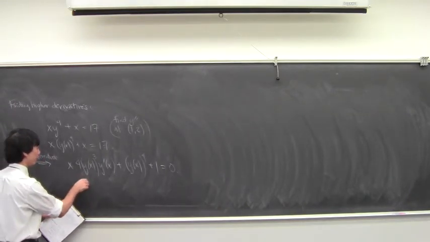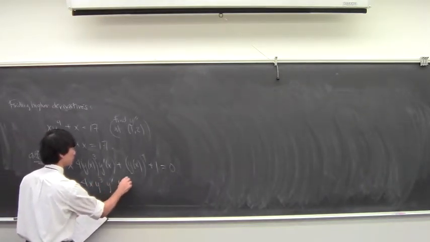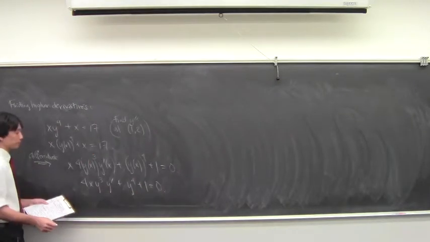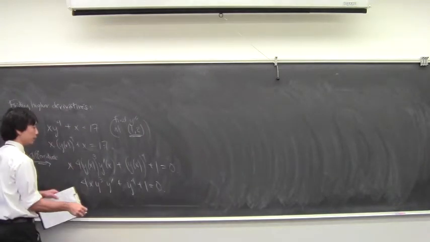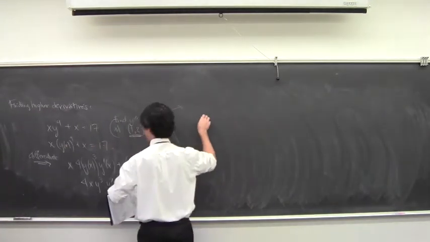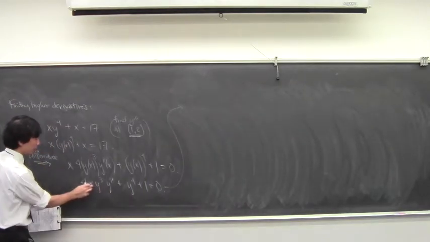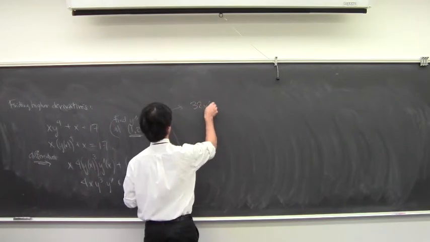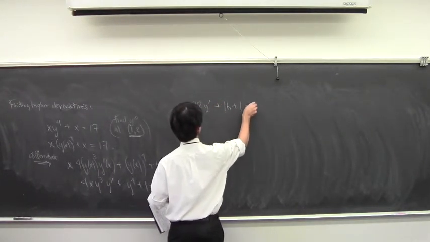You get 4xy cubed y prime plus y to the 4th plus 1 equals 0. Right? And substituting in 1 and 2 gives me 4 times 8, 32, right? 32y prime plus 16 plus 1 equals 0.